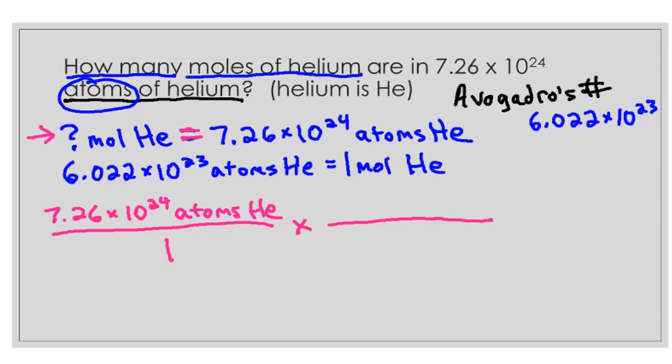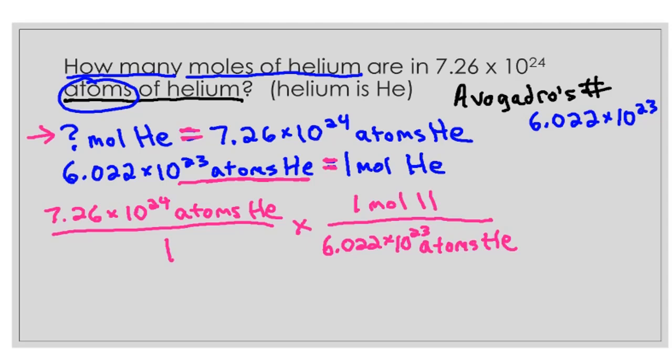Now the unit of measurement we have on the top is atoms of helium, so we're going to put that on the bottom of our next fraction, atoms of helium. Now we're going to look up at our data chart and find where else it says atoms of helium, which is Avogadro's number. So we're going to put 6.022 times 10 to the 23rd atoms of helium, and whatever's on the other side of the equal sign, 1 mole of helium, goes on the top of the fraction bar. 1 mole of helium.